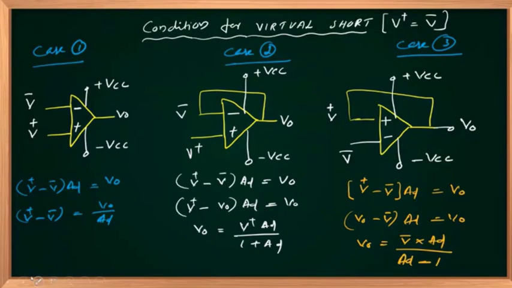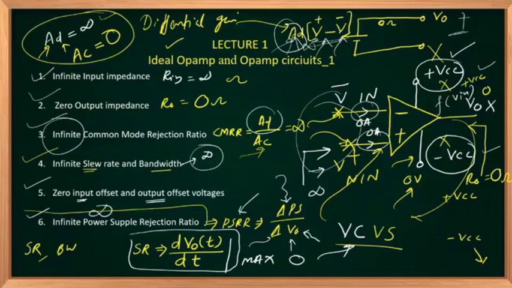Right. Last property. Last property was infinite power supply rejection ratio, and that is defined as change in power supply in the numerator divided by the change in output voltage, where the numerator is the cause and the denominator is the effect. We are expecting no change at my output even though your plus or minus VCC supply voltage is fluctuating.